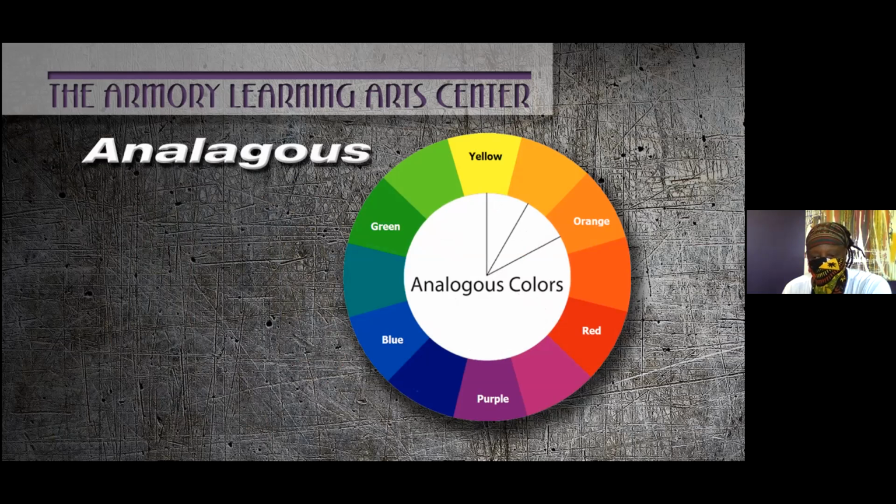Or purple and blue and a darker blue are all analogous colors. So these are colors that are next to each other on the color wheel, and they work well together because they are right next to each other on the color wheel.